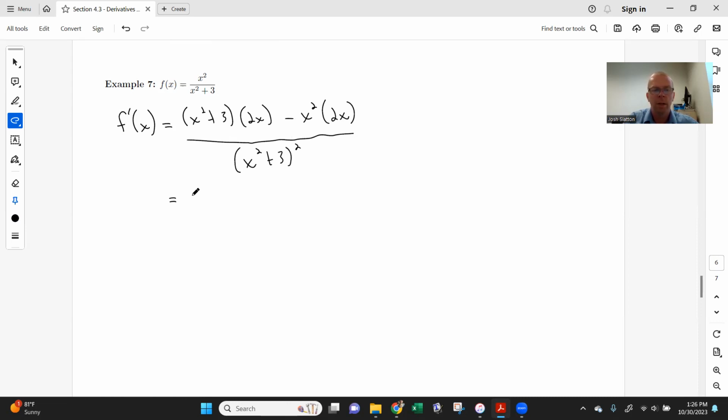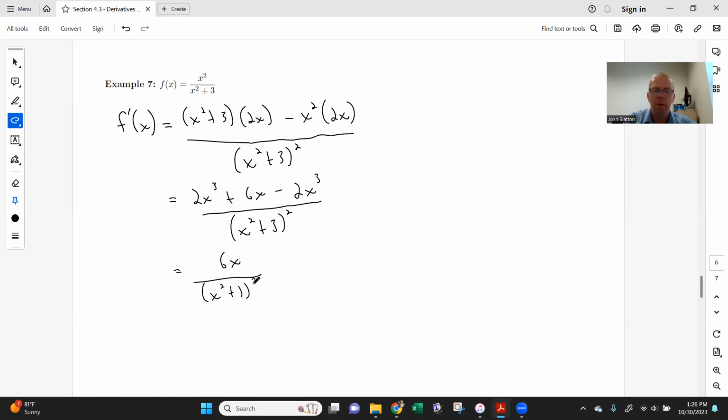And so now we can simplify. So we have 2x cubed plus 6x minus 2x cubed all over x squared plus 3 squared, and then the 2x cubed cancel out. So we have 6x over that denominator.